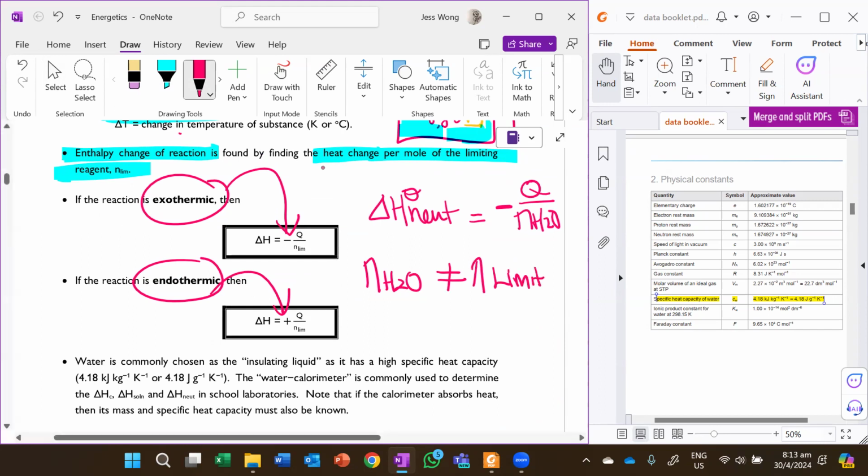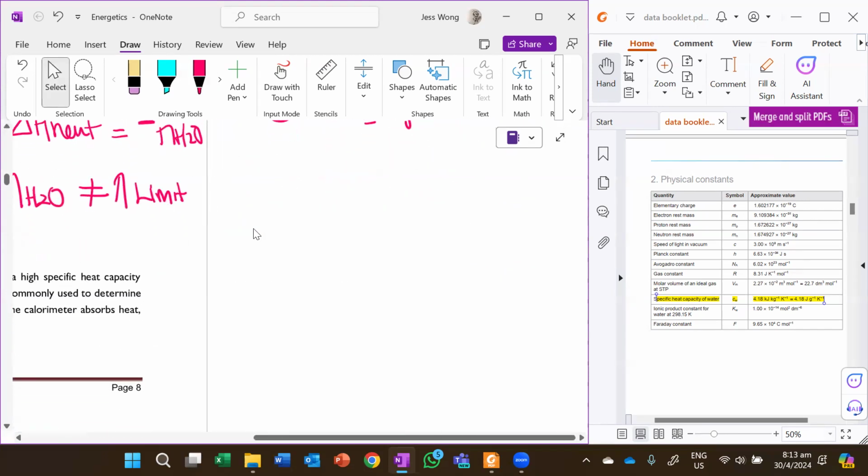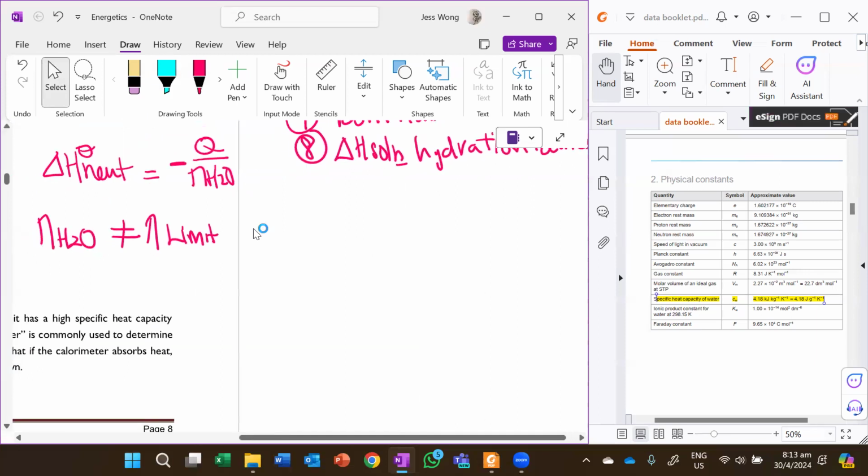Let's look at an example where the number of moles of water is the limiting reagent.